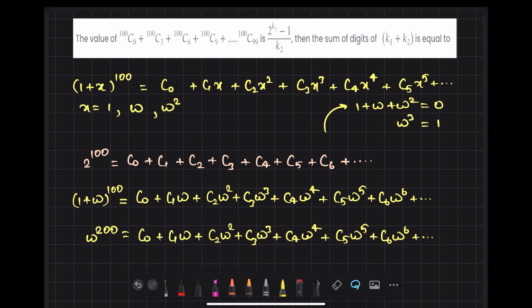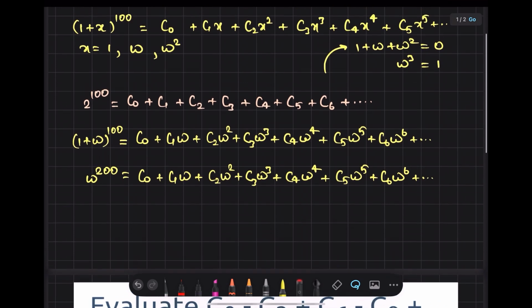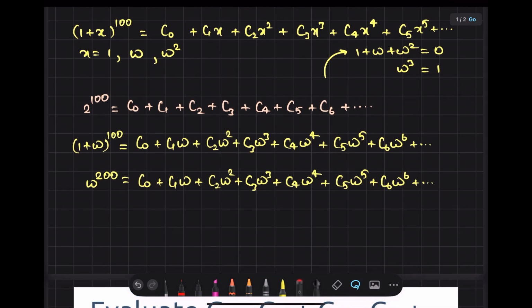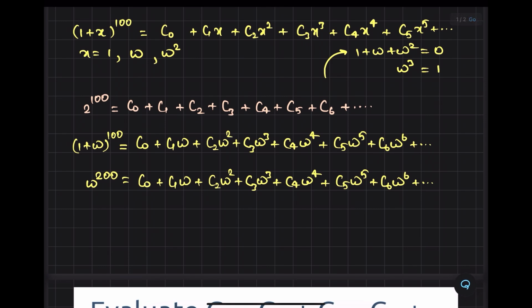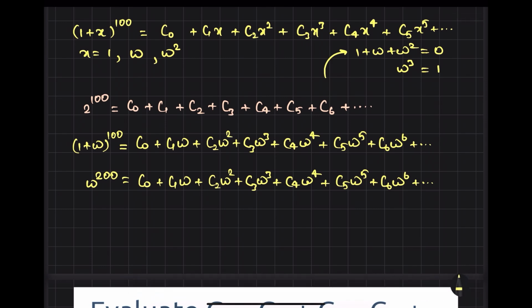Now you know that omega cube is what? 1. So can I write this thing as omega power 198 into omega square?